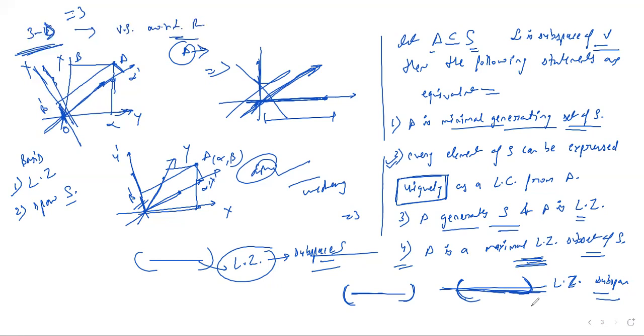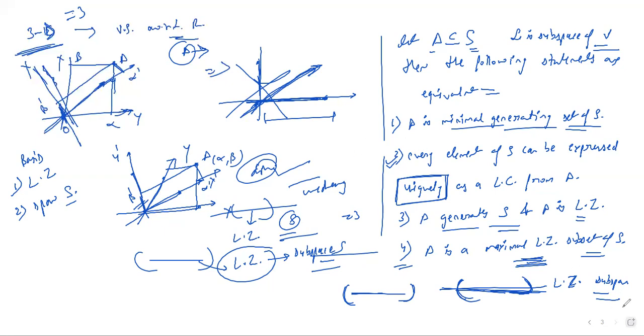So I have to consider all the linearly independent vectors, and these would be the maximum linearly independent vectors in the subspace S, as I have taken all the vectors which are linearly independent in the subspace S. So these four statements are equivalent. You can say it in any way.